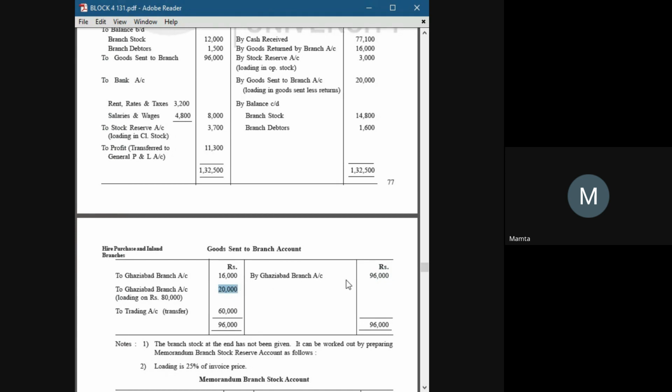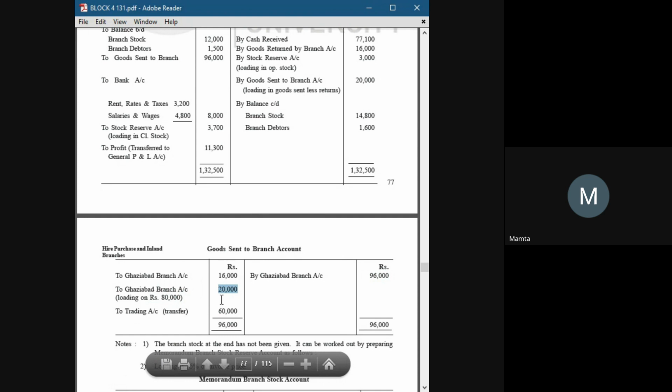Because this is the goods amount at invoice price, it is 125% of 100, but when you calculate it, the amount comes to only 80,000.